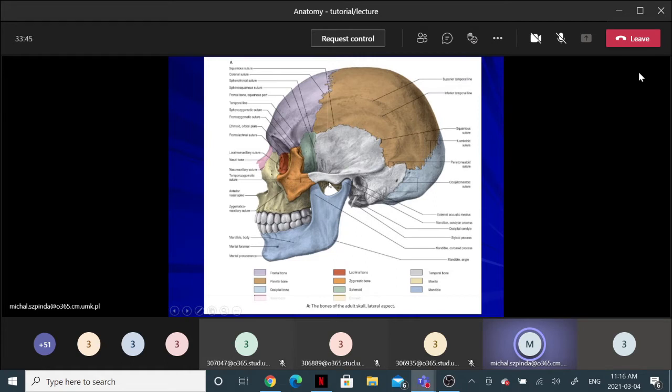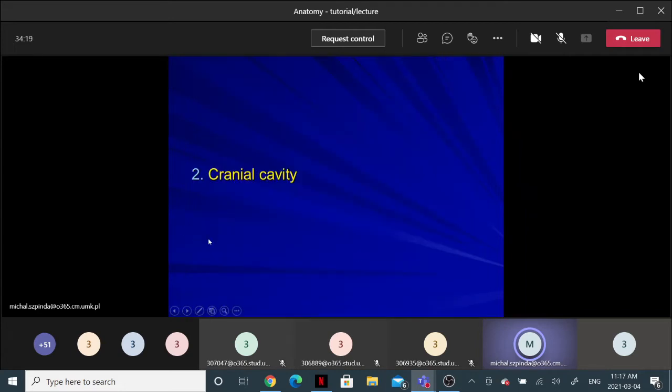Just inferiorly, the temporal fossa becomes the infratemporal fossa. So the infratemporal fossa must be medial to the ramus of the mandible, like the temporal fossa is medial to the zygomatic arch. More deeply, the infratemporal fossa becomes the pterygopalatine fossa.